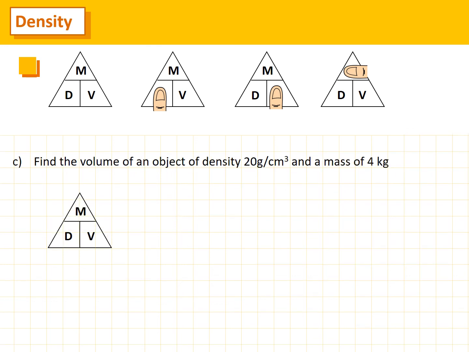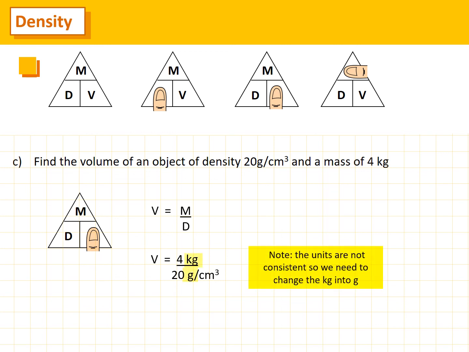And in our final example, where we are trying to find the volume, we will put our finger over the V, and we're left with volume is M over D, so that's mass divided by density. When we come to substitute our values in, we must check to see the units are consistent, and note they are not.